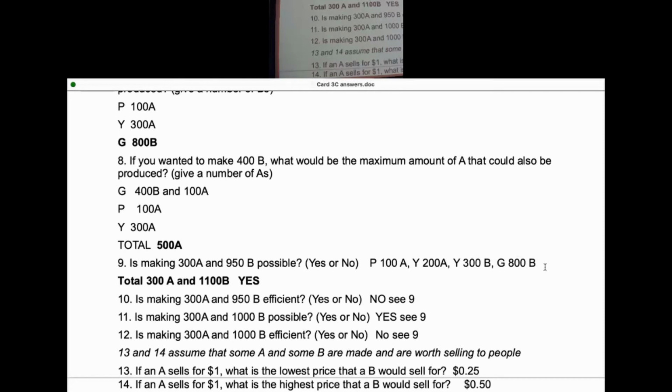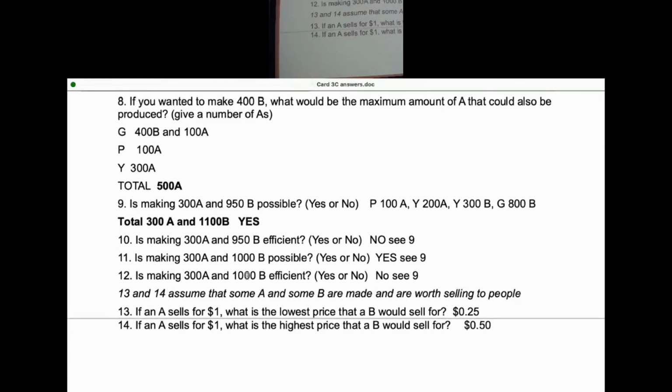So when you add it all up, you end up with 300A and 1,100B. That would be your total if you're doing everything in the efficient way. So if someone comes by and says, "I figured out a way to make 300A and 950B," is that possible? Sure, yes, that's possible.